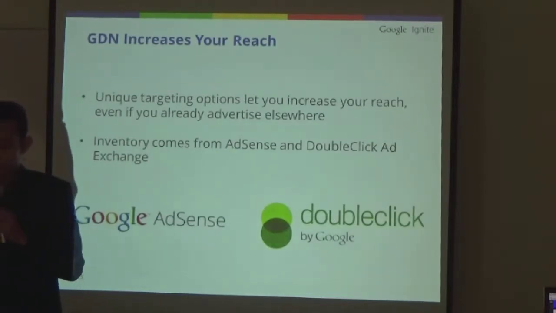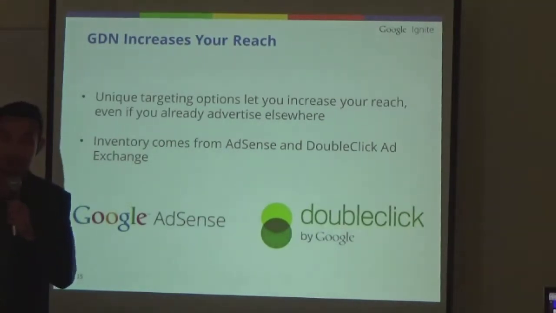Now, primarily because of two inventory that GDN has, which is number one, Google AdSense, which is publisher sites. The layman word would be like those bloggers who want to talk about certain topics, hobbies and stuff, and they participate in that program. So Google will actually, with their sophisticated technology, help advertisers to match their ads to those relevant websites.